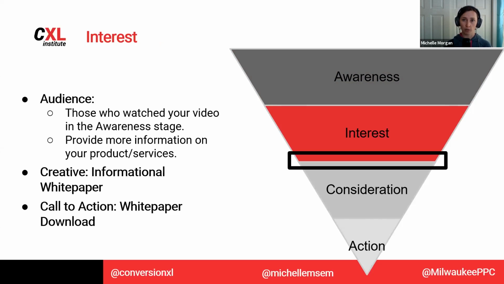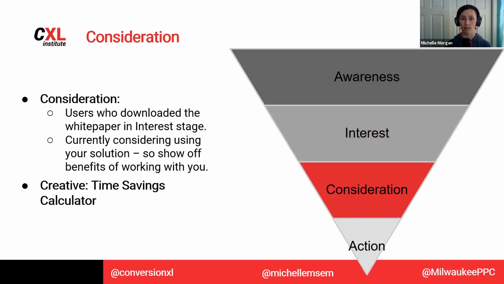But once they do hit that thank you page, they will move themselves into the consideration phase, where we need to start winning them over, not just for the solution that we're trying to provide, but to beat out our competitors as to why we are the best solution. I've had a number of clients put together a free tool, like a time-saving calculator or something like that. Usually B2B software is intended to save you time or save you money. So it's a really simple tool with some basic calculations.